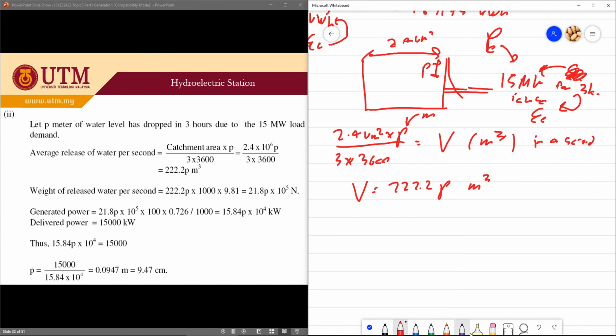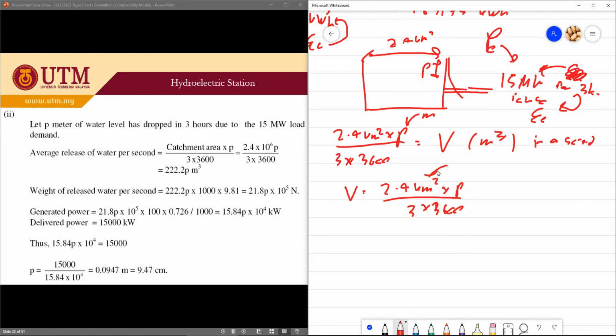Just to be careful, I'm not sure whether you know how to do the conversion here, so maybe I should show you one by one to avoid any confusion. V is equal to 2.4 km squared multiplied by P divided by 3 multiplied by 3600.